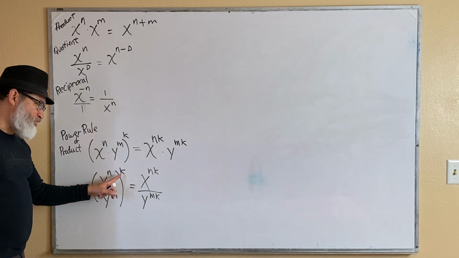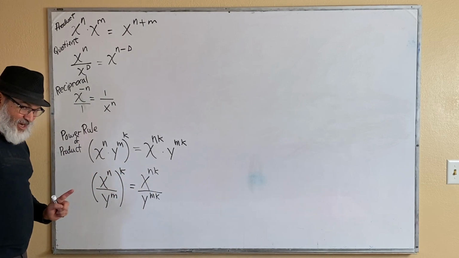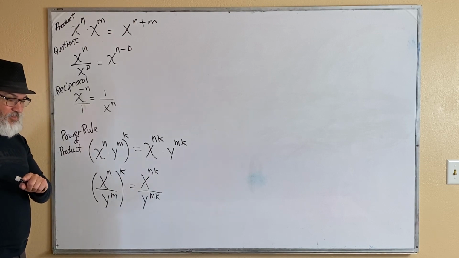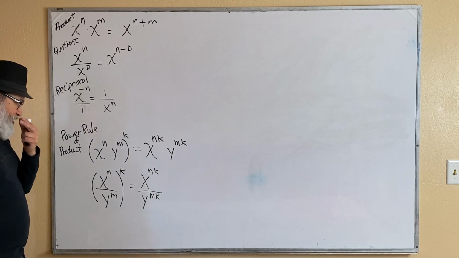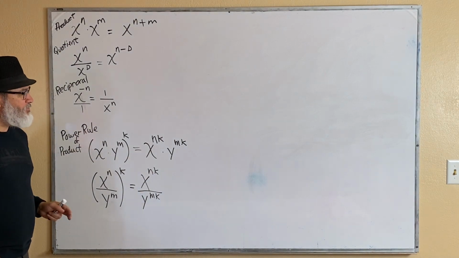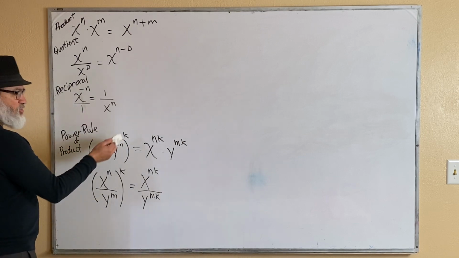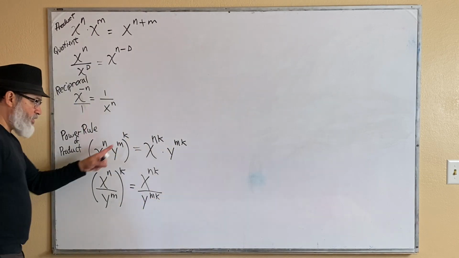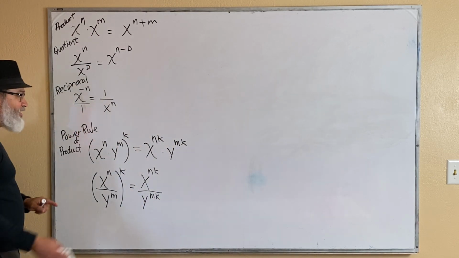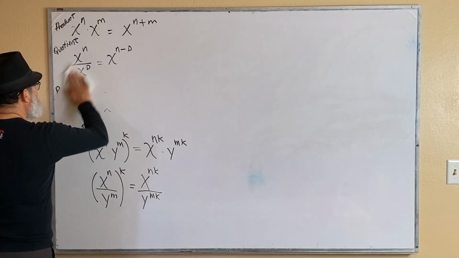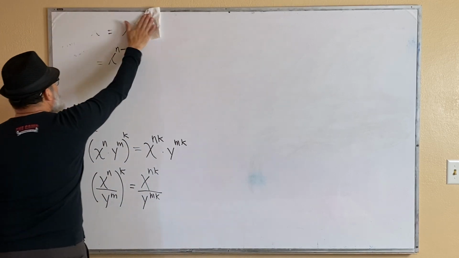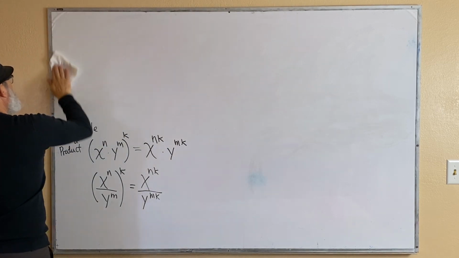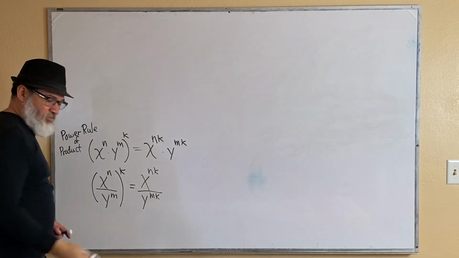If this power or this roof is ever negative, we're going to make it positive. Whenever this roof is negative, here's the rule.